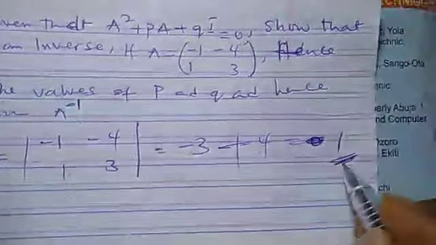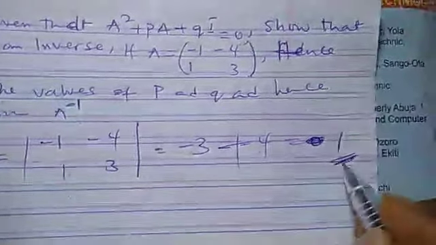So by the Cayley-Hamilton theorem, the lambda squared minus 2 lambda plus 1 equal to 0 that we got implies A squared minus 2A plus 1 equal to 0.